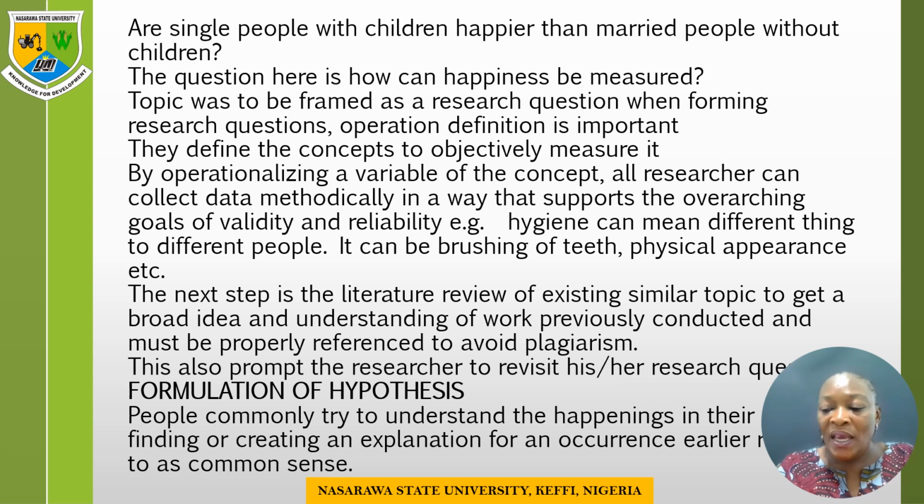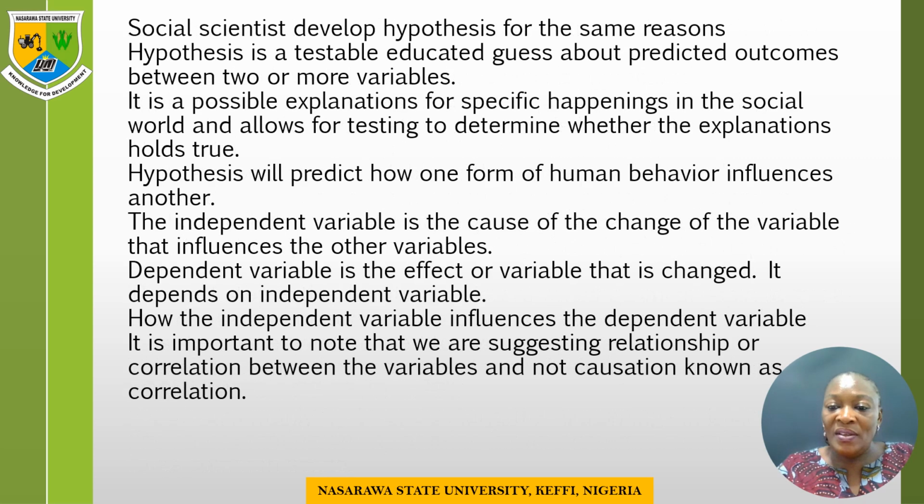Now, all those things, again, you cannot do without the formulation of a hypothesis. Like I said earlier, we talked about hypotheses, and I told you that a hypothesis is a tentative statement. People commonly try to understand their world. Social science develops hypotheses for the same reason.